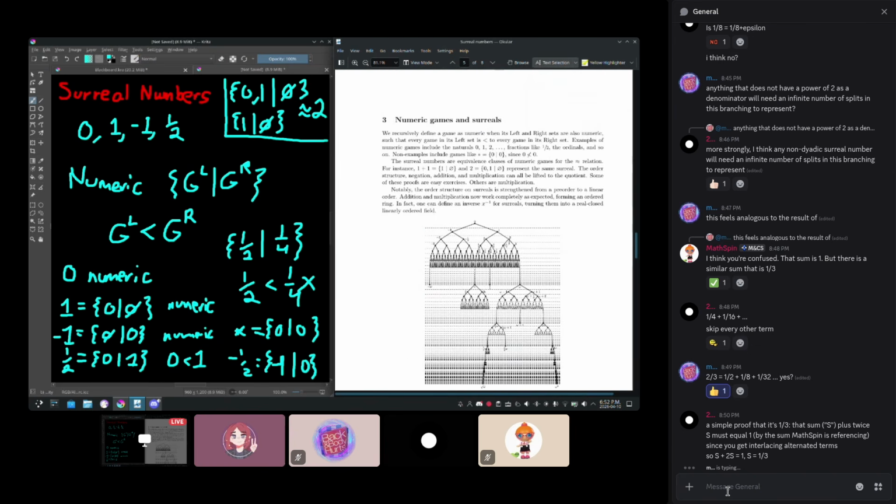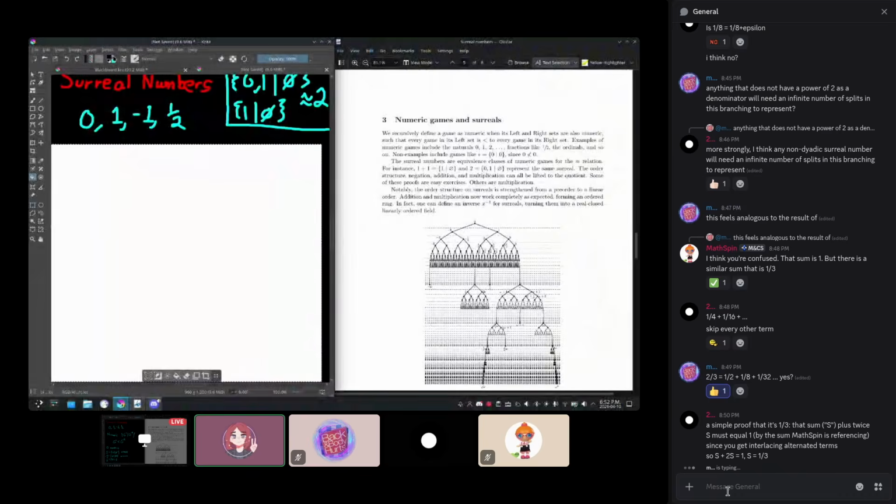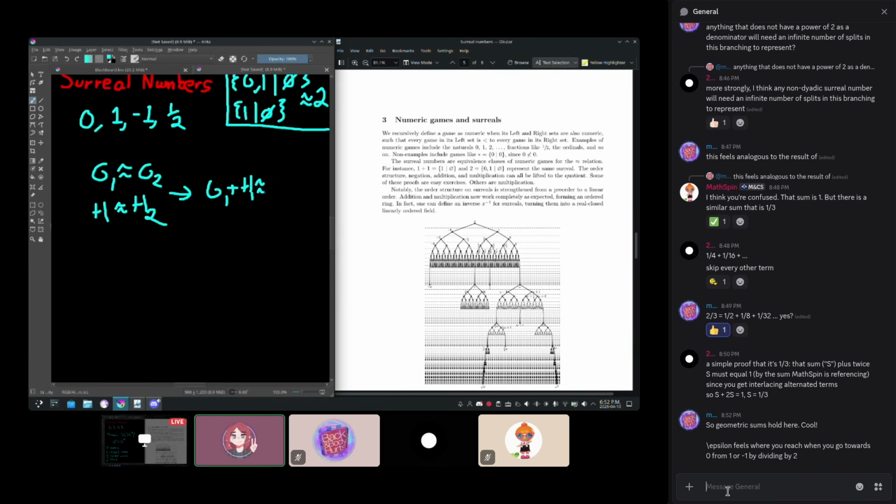You can add them, and the way you add them is literally just like adding them as games, right? If you have two games G and H, I think I didn't mention this explicitly, I probably should have, but if you have games G1 order equivalent to G2 and H1 order equivalent to H2, then G1 plus H1 is order equivalent to G2 plus H2.